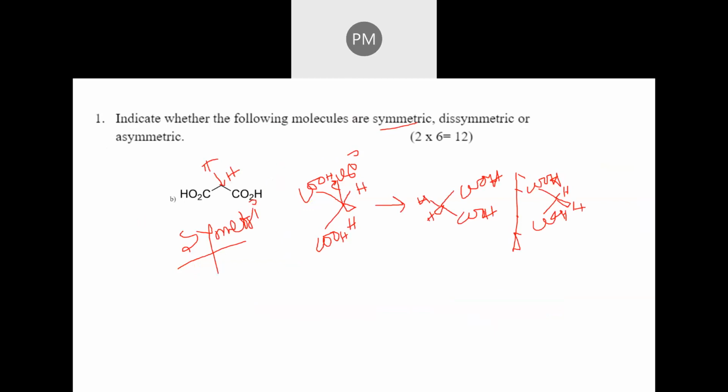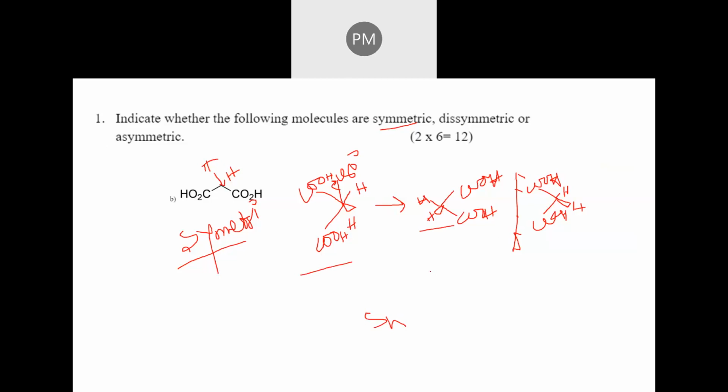I have told that if there is an improper rotation, then this molecule will be symmetric. So if I draw this molecule like this and rotate it 180 degrees, it will be like this. Improper rotation means rotation and reflection.